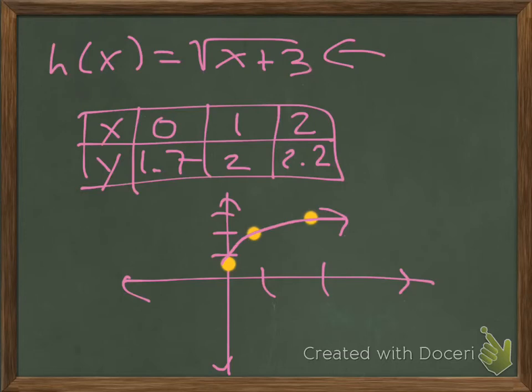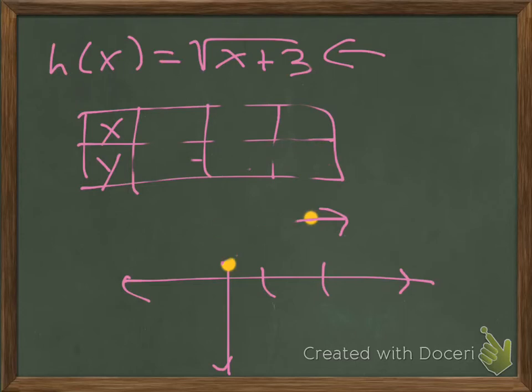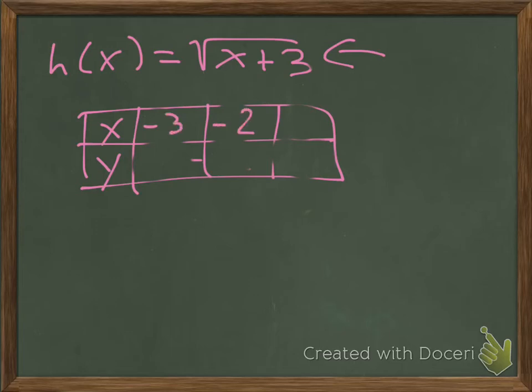Which would make x be able to go lower than 0 this time. We could actually start, and this is what I would do to get a better picture, at -3. So -3, -2, -1, something like that, and go all the way up to 0.